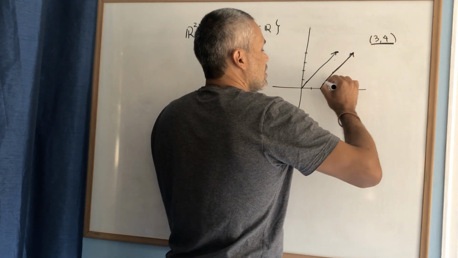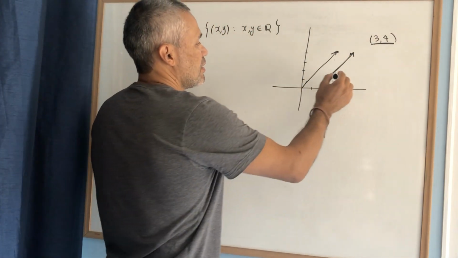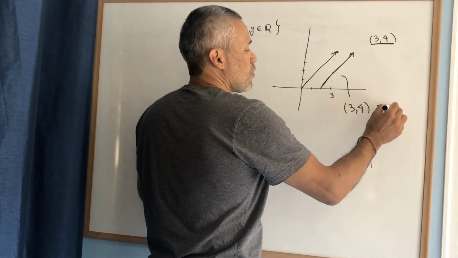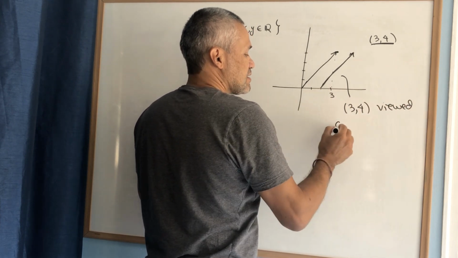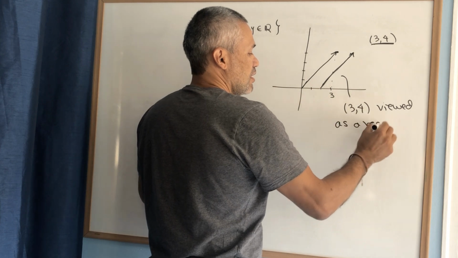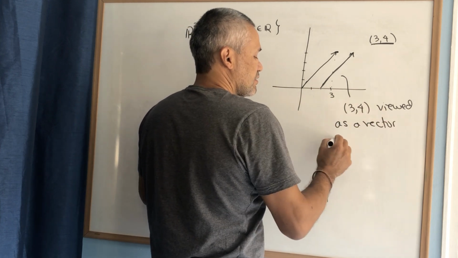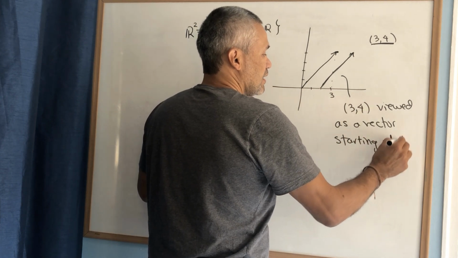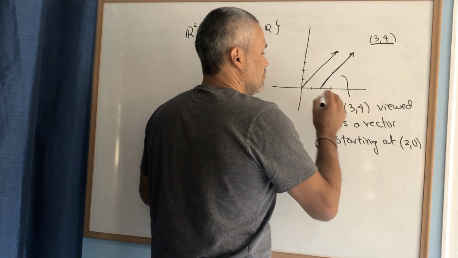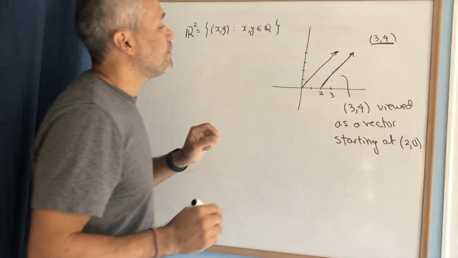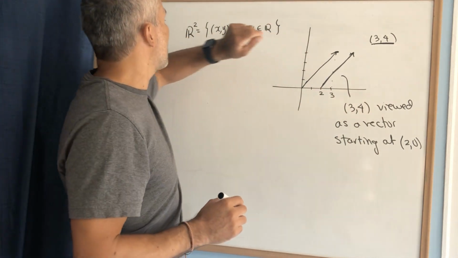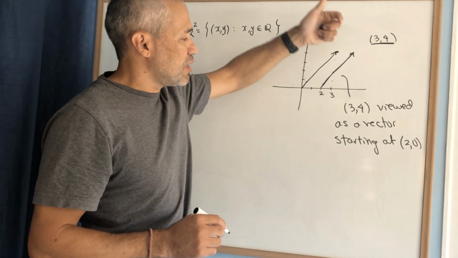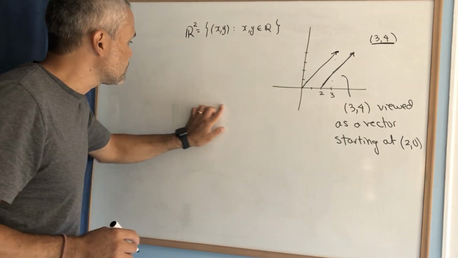Then this would be (3, 4) viewed as a vector starting at (2, 0). Then there are different interpretations for every point in R2. They can be viewed as points or they can be viewed as vectors.